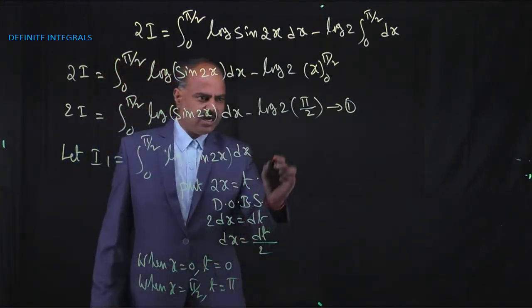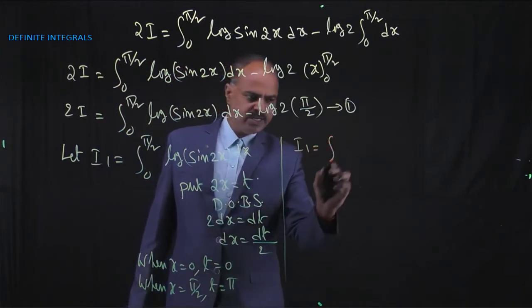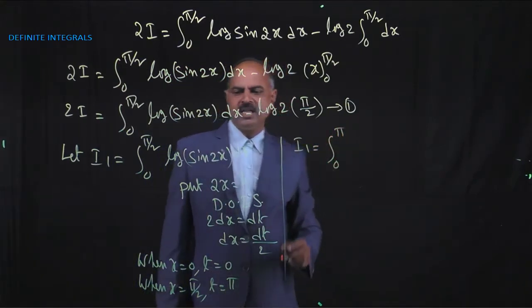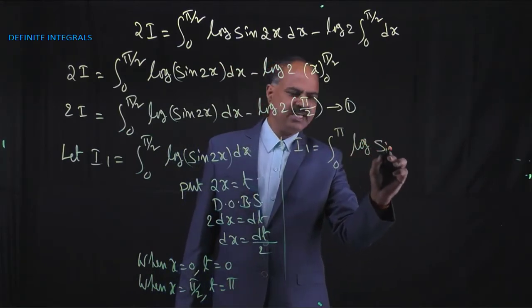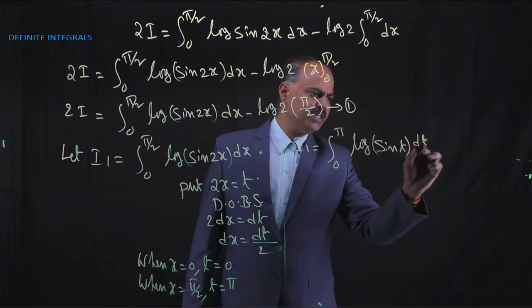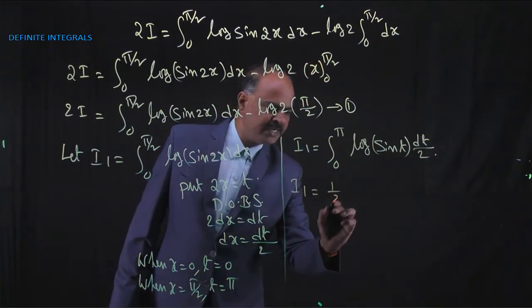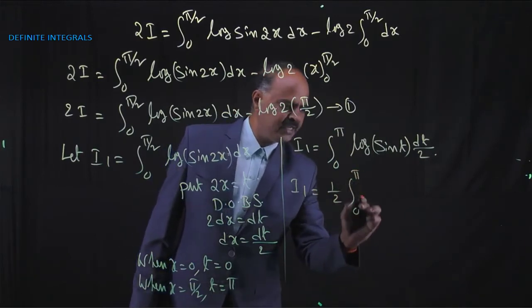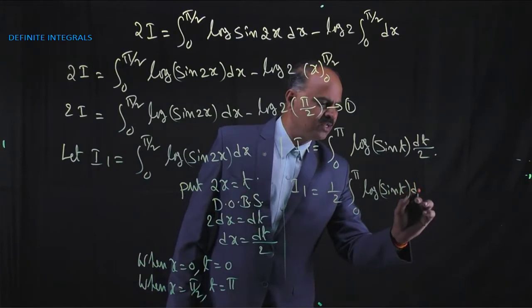Now here the I1 becomes integral 0 to pi log of sin t into dx, equal to dt by 2. Now I1 is equal to 1 by 2 into integral 0 to pi log of sin t dt.